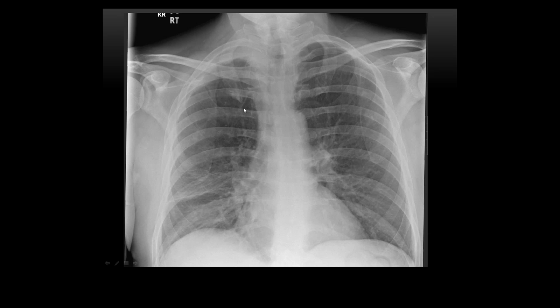So if you ignore the highlight, have a look at your lungs. Split your lungs up into thirds. Is there any abnormality on one side that isn't evident on the other side?